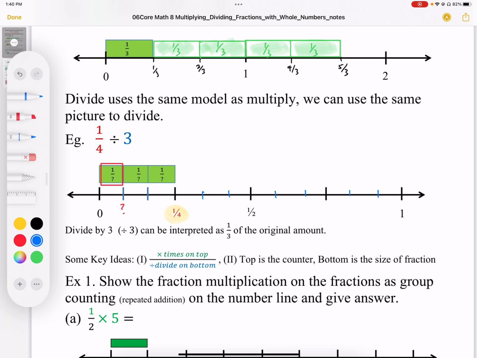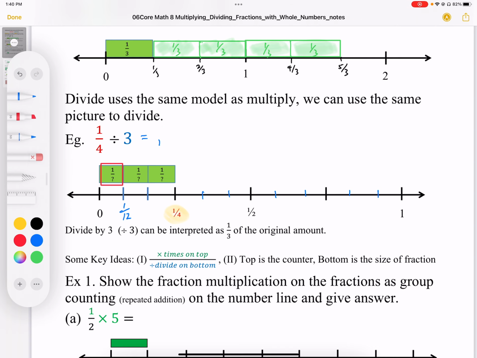So if we break this into increments, that is a 12th, and we only have one of them. So the answer should be 1 over 12. And that place on the number line is going to be 1 over 12. So we can conclude that 1/4 divided by 3 is going to be 1 over 12.